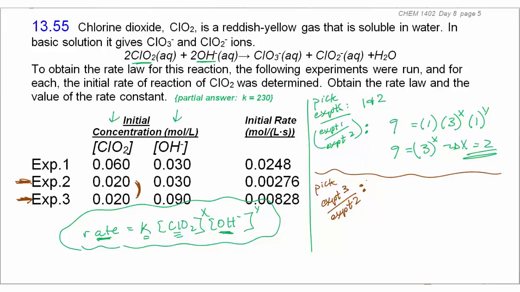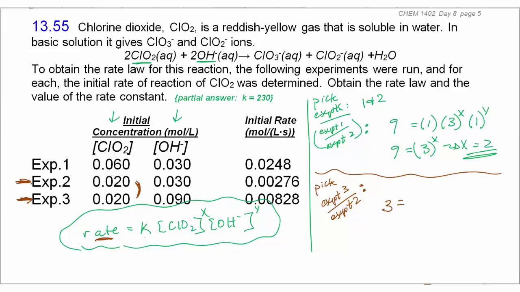So again, we follow our general rate law here. Let's divide the two rates. So we'll have 0.00828 divided by 0.00276. You get about 3.